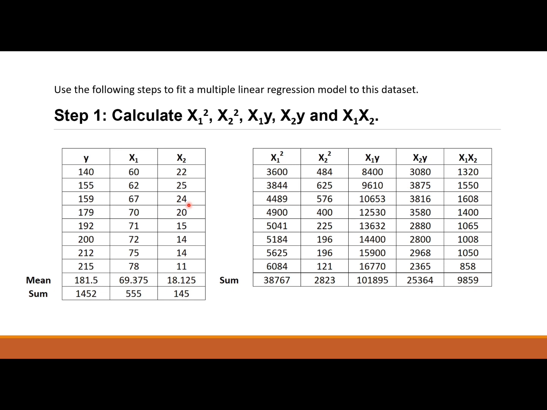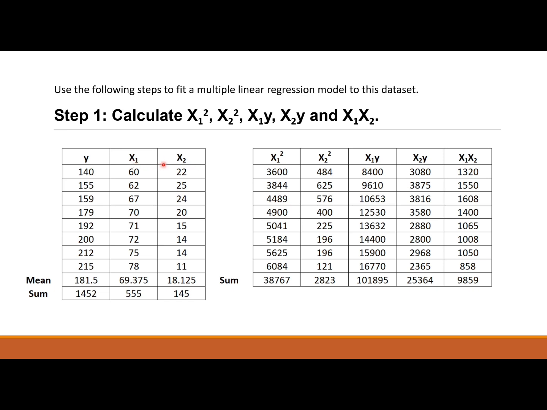Next is 24 multiplied by 159. We get a total of 3,816. Then so on and so forth. Then from here, we add all these values in order to have this total, 25,364.